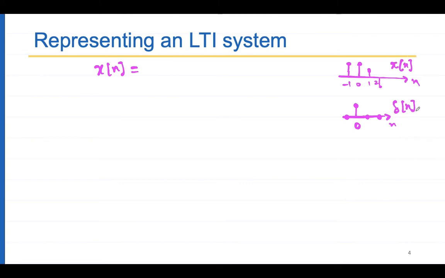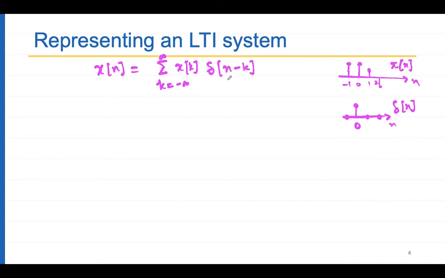Now I can represent x in the form of a summation of delta n's, the delayed version of the same and the scaled version. So basically, x of n is the sum of x of k, which is just the scaling factor for delta of n minus k, summed over all k, from minus infinity to plus infinity.